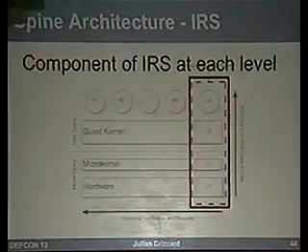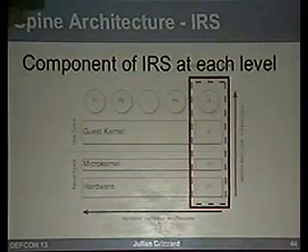On the right here, I have at each level a component of the intrusion recovery system. I call them L0, L1, L2, L3. L0 is just the hardware. There's really no support for that right now, except the ring stuff.